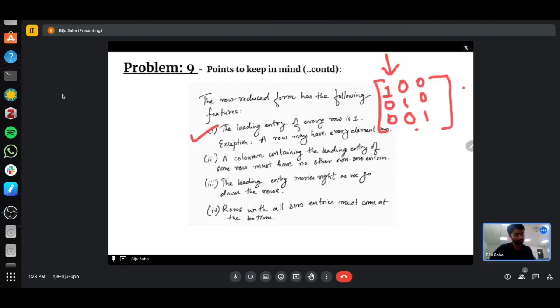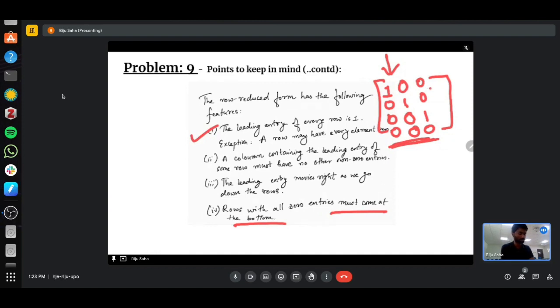Now let's say there is a fourth row, and all of its elements are 0. Here there is no leading entry, but that is the exception. A row may have every element 0. But if such a row exists, then it must come at the bottom. This 0 0 0 can't lie anywhere in the intermediate rows.